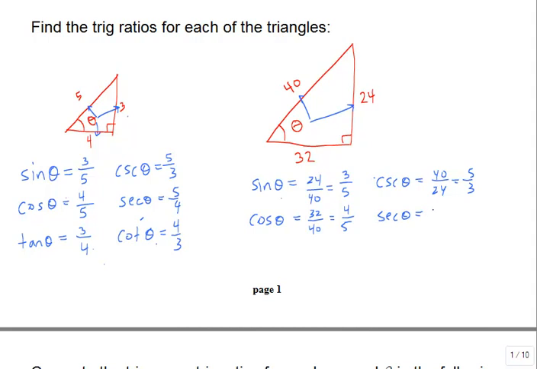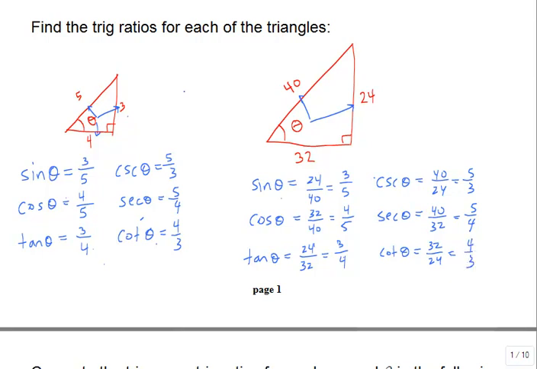Secant of theta would be 40 over 32, which reduces to 5/4. Tangent of theta would be the opposite side, 24, divided by the adjacent side, 32, and if I divide by 8, I get 3/4. Cotangent of theta would be 32 over 24, which reduces to 4/3.